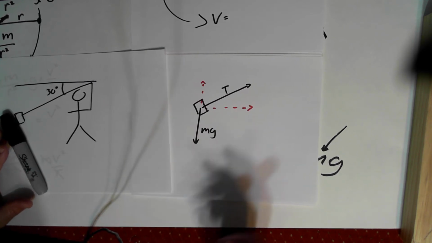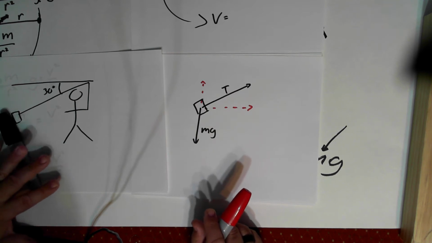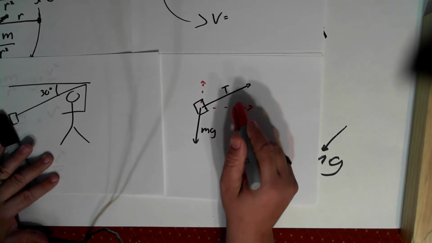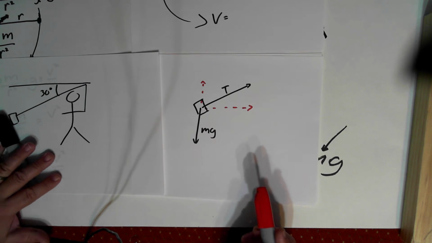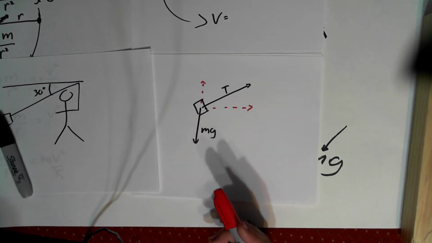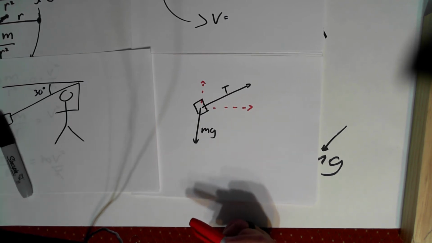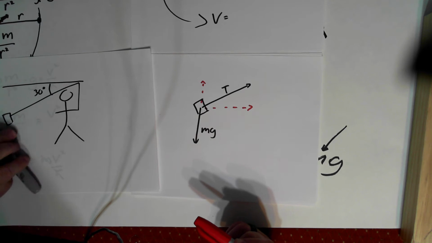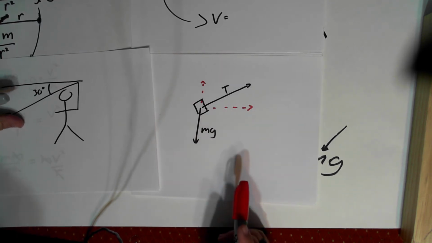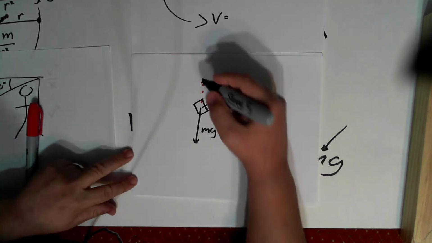Now, I need to figure out what the velocity is. In order to do that, I need to figure out what the tension is, and to do that, I need to decompose it like this. Let's start with this part here.